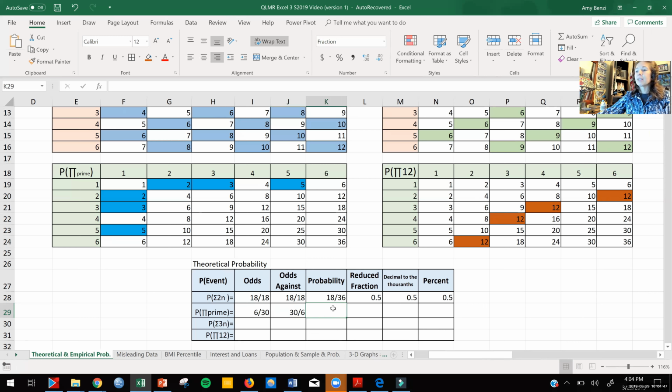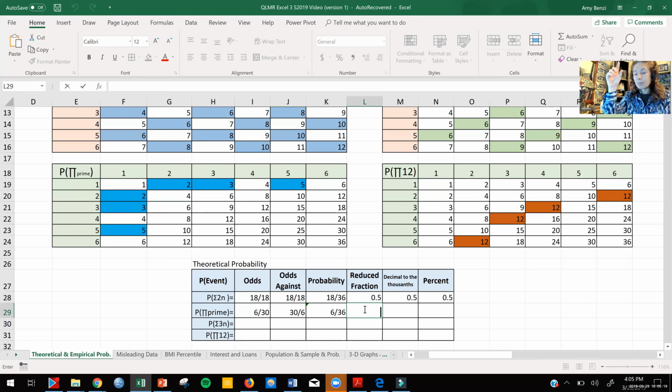So now here, again, the probability of rolling a prime is 6 out of everything, 36, because probability means out of the total. And I used quotes instead of an apostrophe. Oh, there we go.